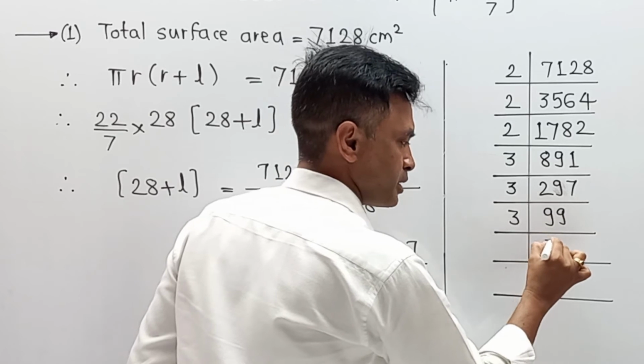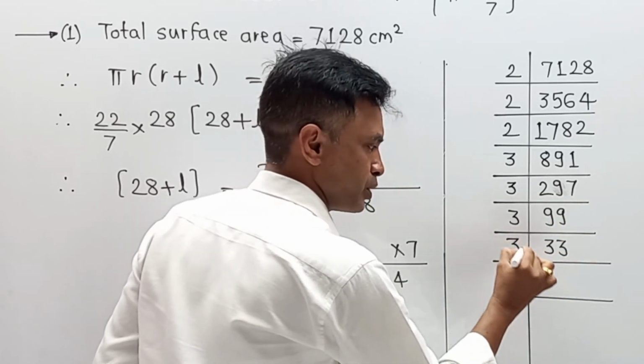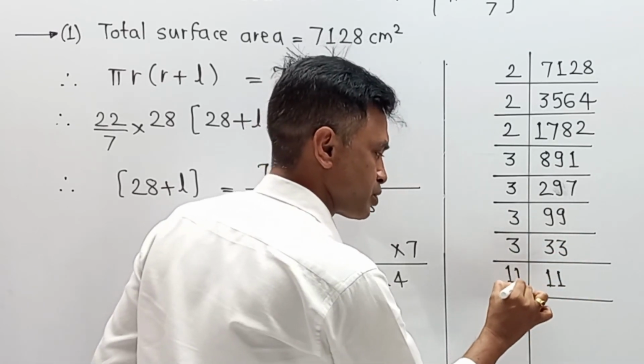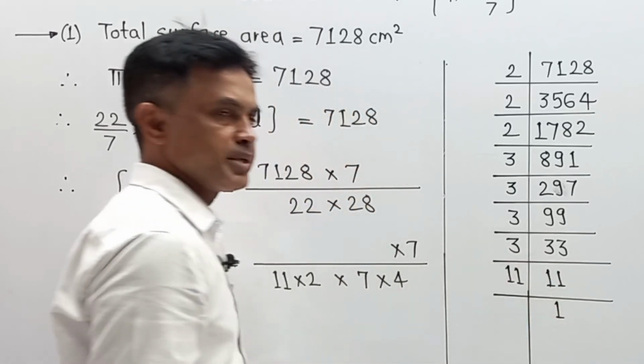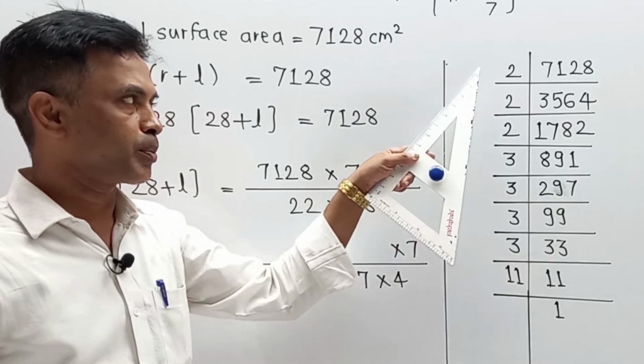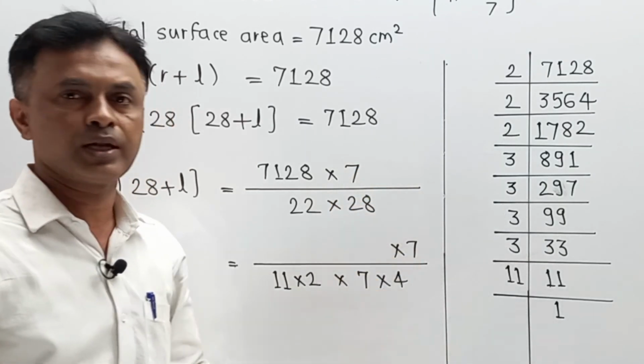So here 3, again divisible by 3, so 3 1s are 3, 1 1 or 11, and 11 is a prime number, so 11 ones are 11. Means this entire number which is 7128 can be split into 2 into 2 into 2 into 3 into 3 into 3 into 3 into 11.